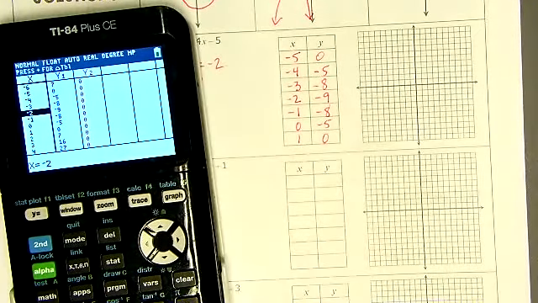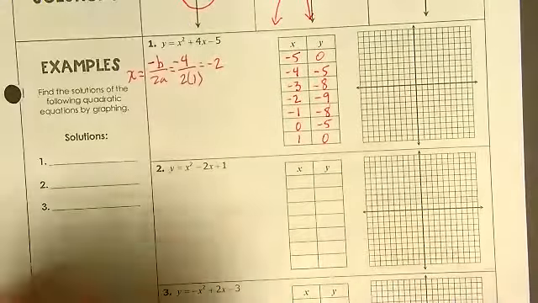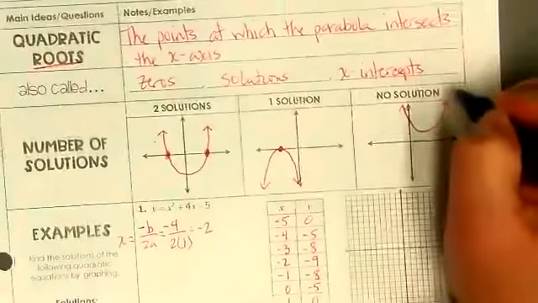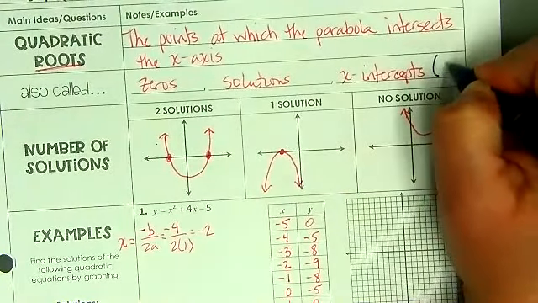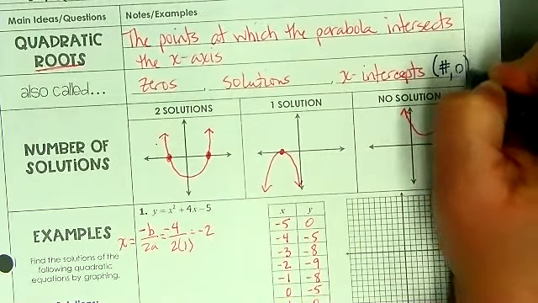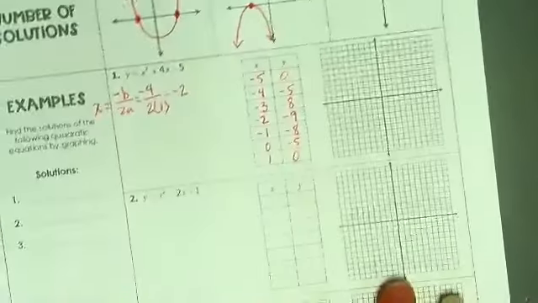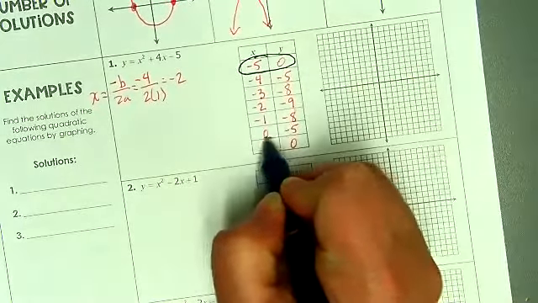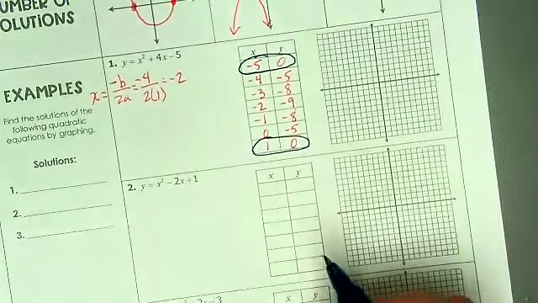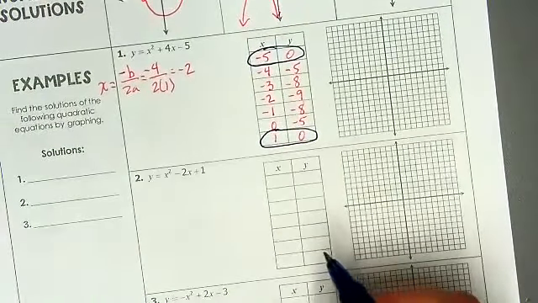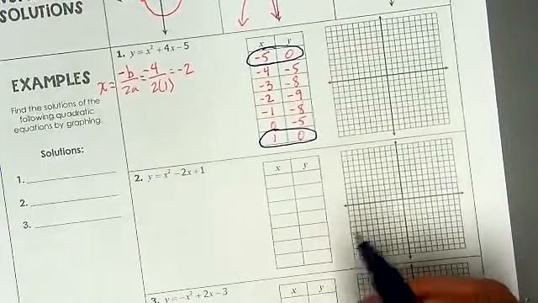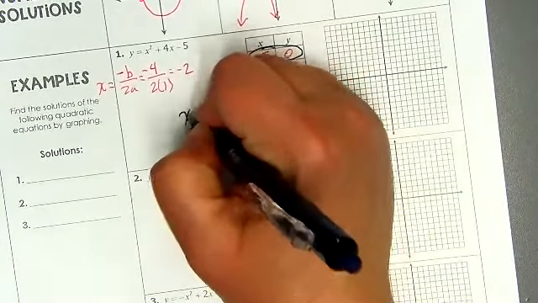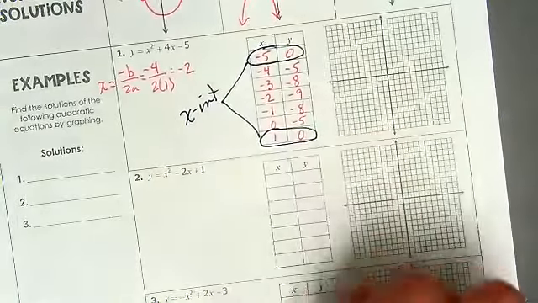And when I'm looking at this, I can see that right here, because remember, x-intercepts are written as some number, comma, 0. So when I'm looking at the table of values, I can see, oh, this is written in that format. This is written in that format. Okay, so therefore, those right there are my x-intercepts, which means they are my solutions.